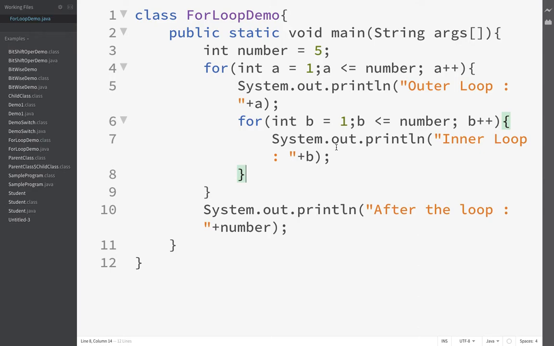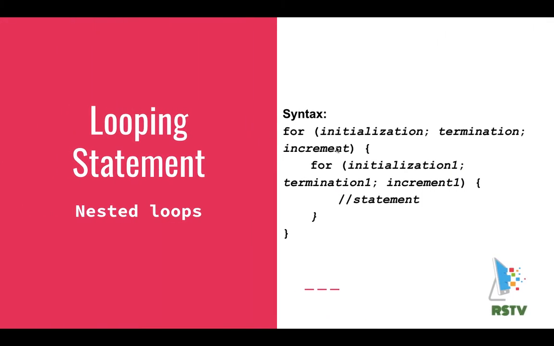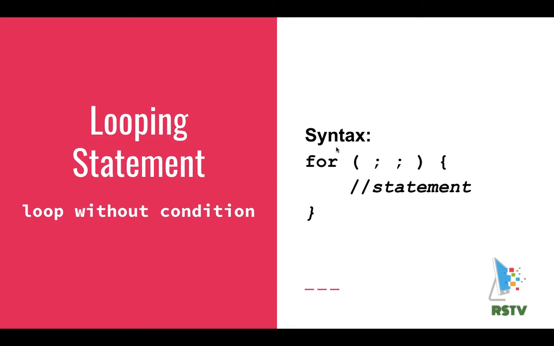So now we'll explain the for loop without initialization, condition and increment or decrement. In a looping statement, we can use the for loop without initialization, without condition, without the increment and decrement part.